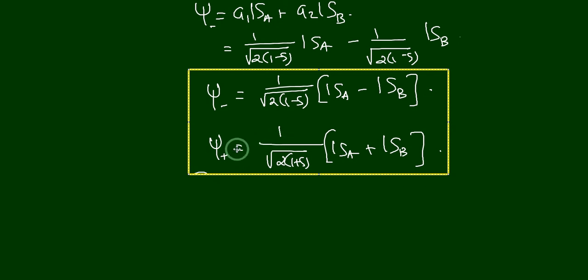If the electron is occupying the psi plus orbital, the situation will be stable, and if the electron prefers to go to the psi minus orbital, the molecule is going to break. So this is the bonding situation and the other one is the anti-bonding situation.